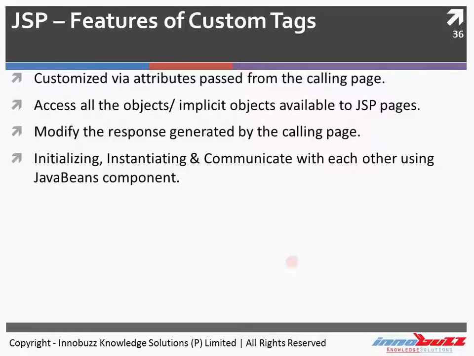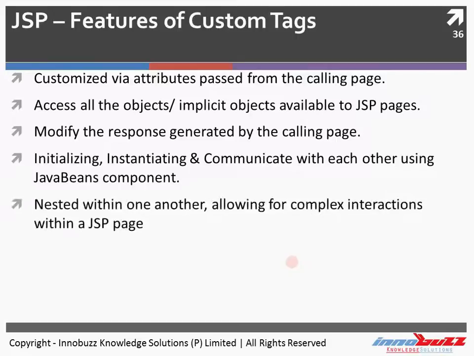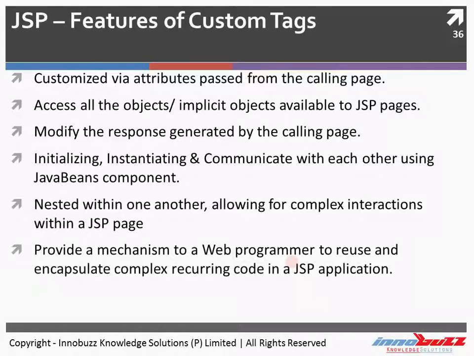Initialization, instantiating, and communicating with each other using JavaBeans components nested within one another for providing complex interactions within a JSP page. They provide a mechanism for a web programmer to reuse and encapsulate complex recurring code in a JSP application.